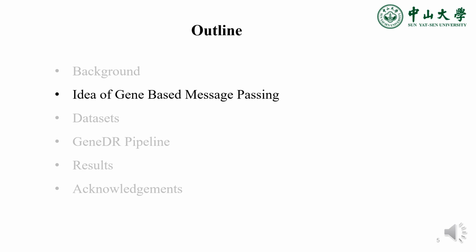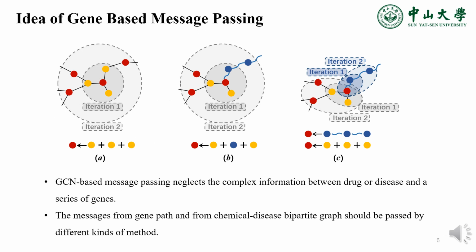So the second part is our idea of gene-based message passing. Many graph neural network models are not suitable for encoding gene path information. As you can see in figure A, when the data is a bigraph, there are only drugs and diseases. The red node is disease and the yellow node is drug.